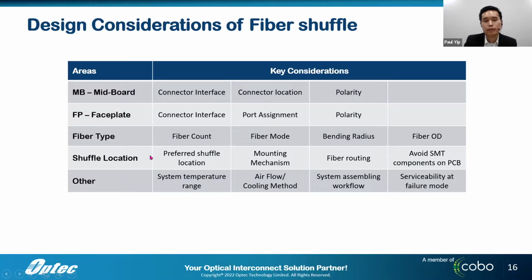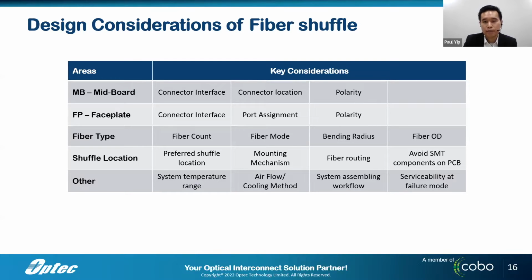This is available in the market as well. So we can think about the shuffle locations. Where do we put the shuffles? Is it on the front, on the side, or in the middle? And how they are mounted onto the PCB. Typically we are seeing that on the PCB, there are a lot of SMT components. Our shuffle, or flexi circuit, can route around these so that we can avoid those bumps on the PCB.